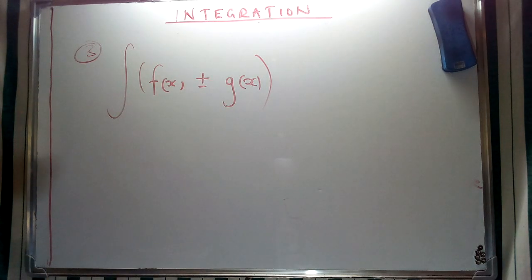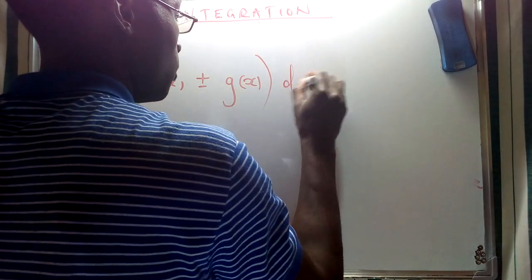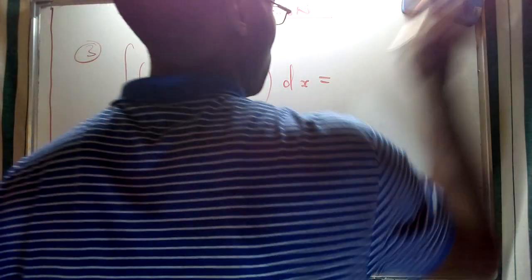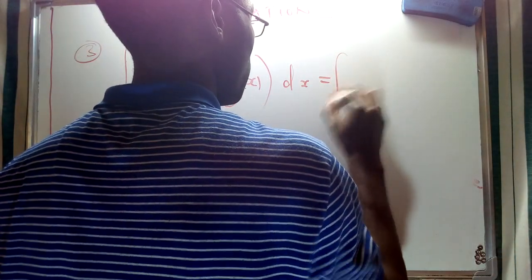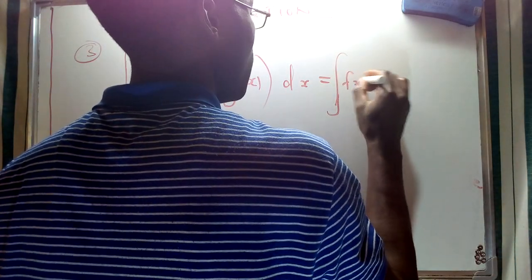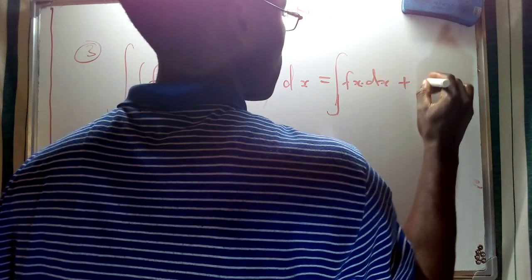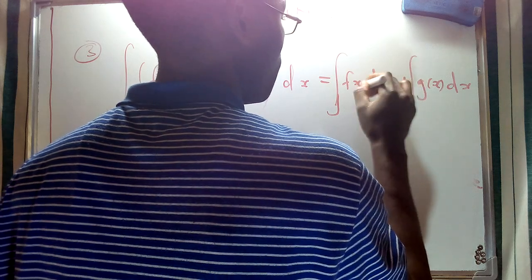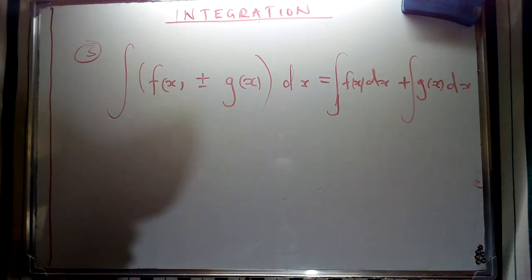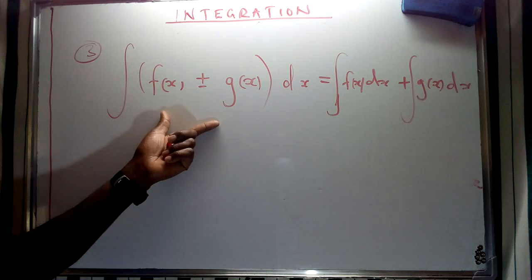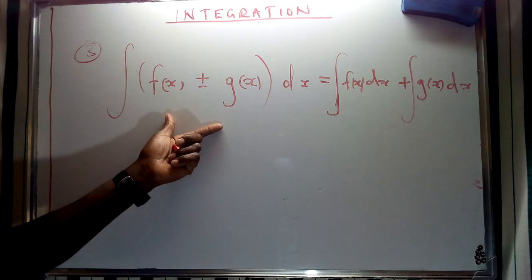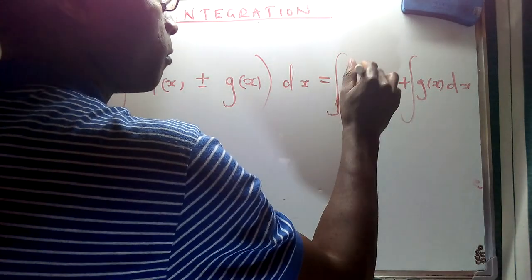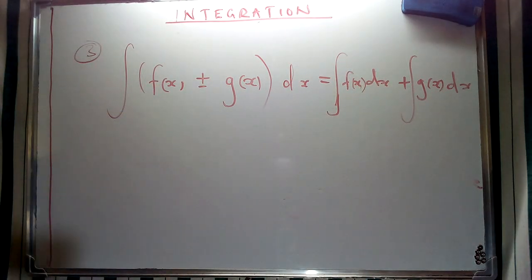This is given as the sum of those individual integrals: the integral of f of x dx plus the integral of g of x dx. So this implies that whenever we're given two functions and are required to find the integral, it's going to be a sum of those individual functions' integrals.